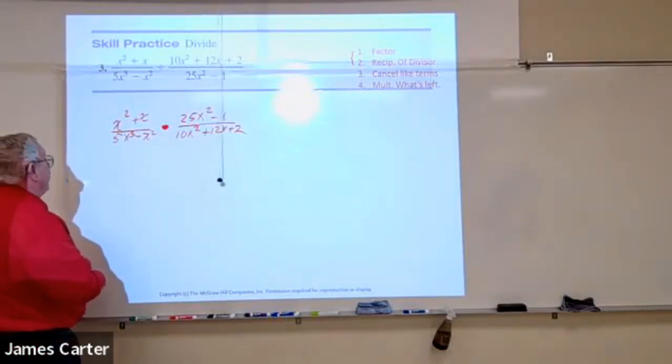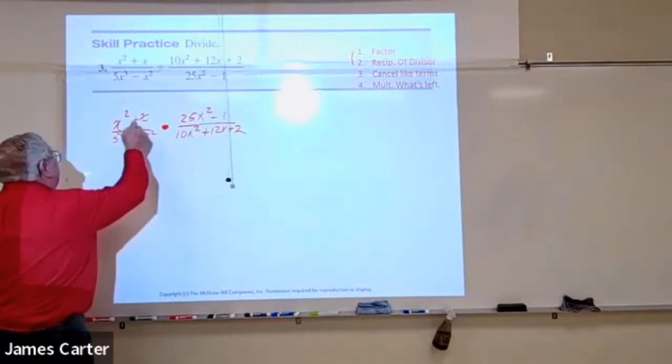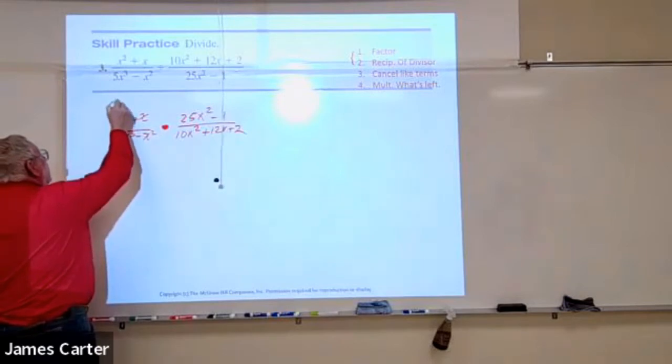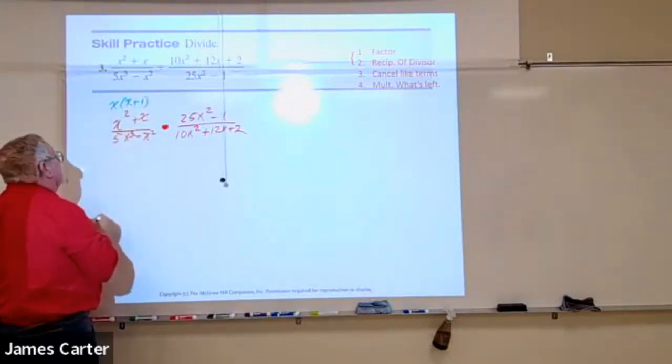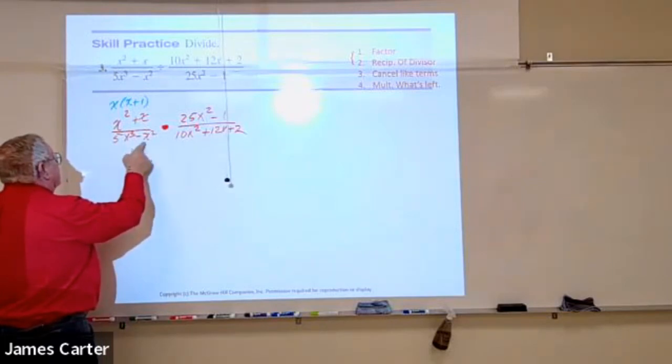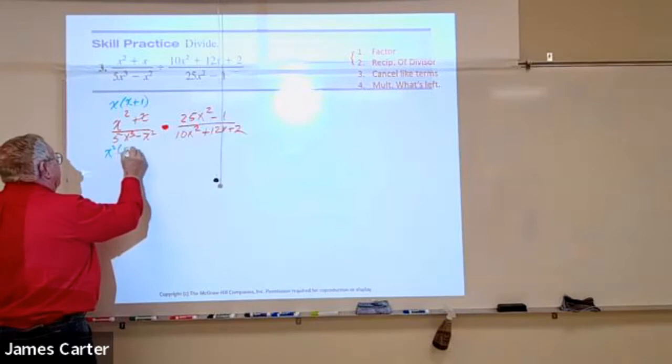So now we need to factor everything. Well, let's see. I can factor an x out of this, so I've got x times x plus 1. I can factor an x squared out of this, so I've got 5x minus 1.